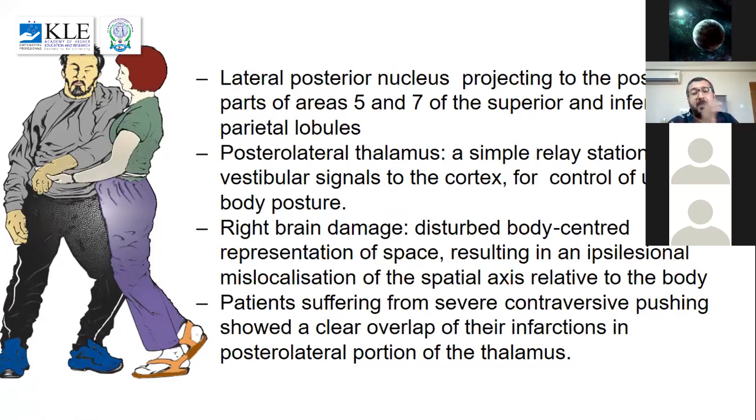But the problem is that the patient cannot stay there like that. He would like to move away from that. There's a kind of fear factor there, which makes them lean to the other side. They don't want to be in that particular position.